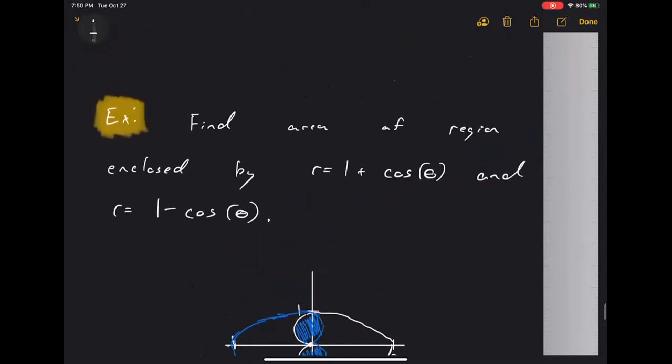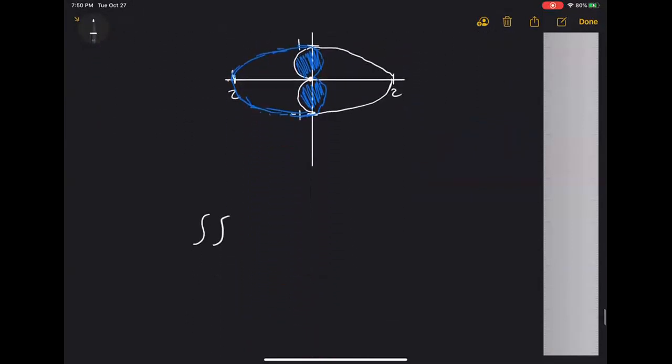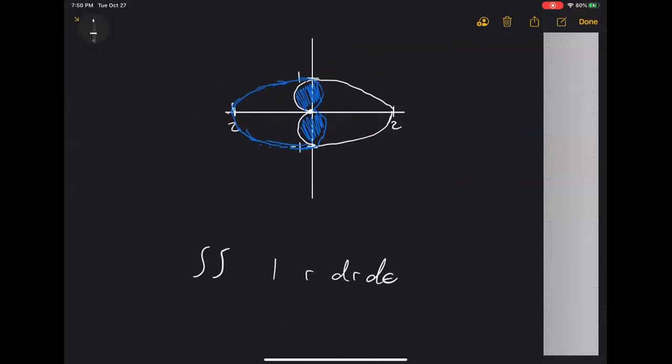Let's see, how would they want us to do this as a double integral? We know we want this r dr d theta. What angle do I want to integrate from? What we could do is just find the area of one of these circles and then multiply it by 2 to get both.